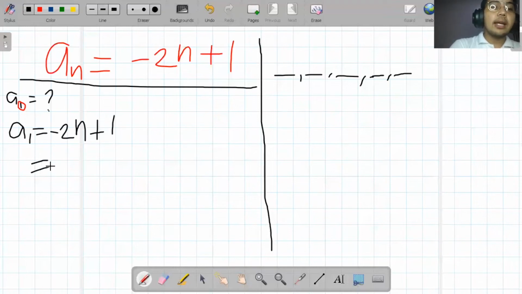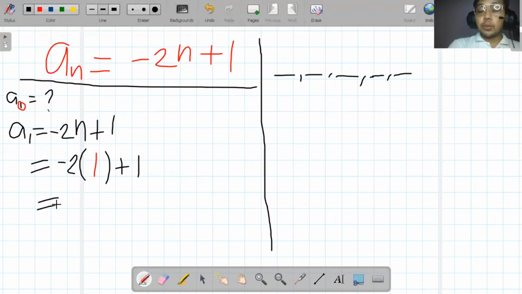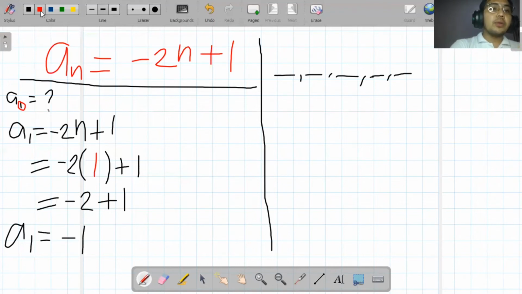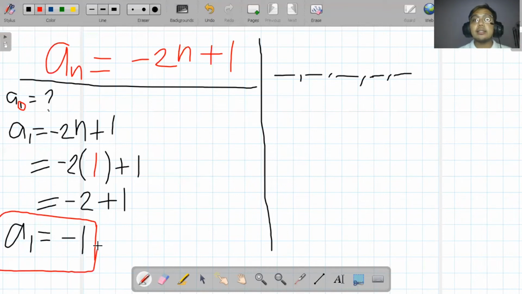You replace n with 1, because 1 is what we are looking for. So, negative 2, then again, replace n with 1, plus 1. So, negative 2 times 1, that's negative 2, plus 1. So, a sub 1 equals negative 2 plus 1. What is that? Negative 2 plus 1 would be negative 1. So, therefore, the term we were looking for, a sub 1, is negative 1.